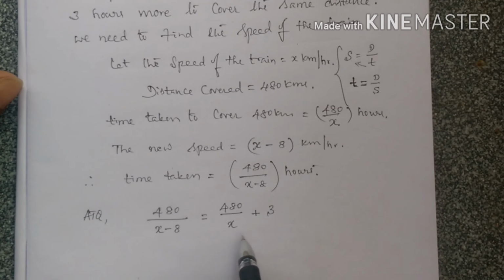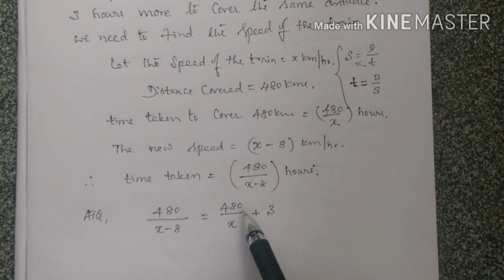In terms of time we are expressing. 480 by x minus 8 hours is when the speed is decreased by 8 km per hour. Then 480 by x is the original time when the train is going at the original speed. So because of the decrease in speed, it is going to take 3 hours more. So just we are going to keep on simplifying this.